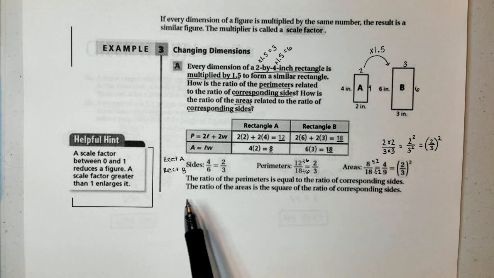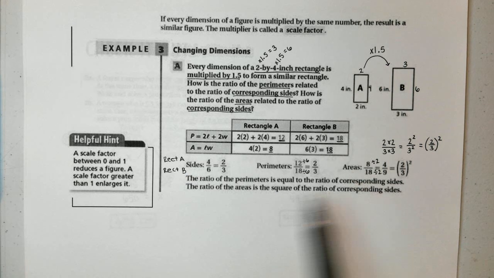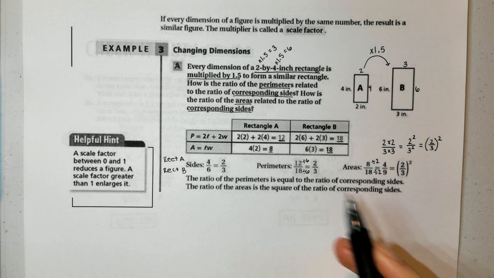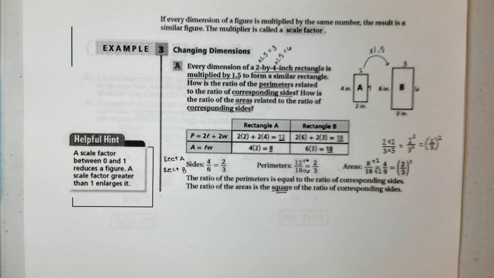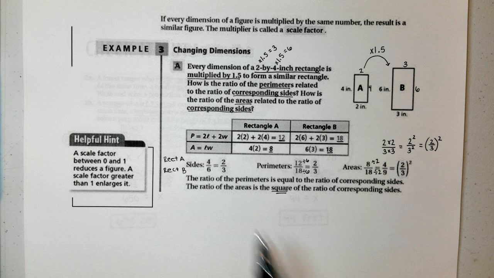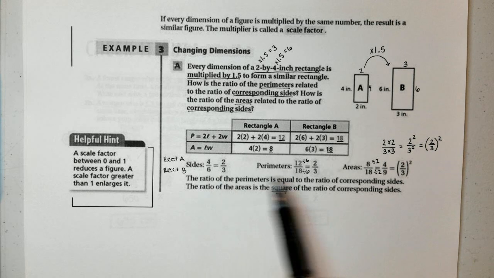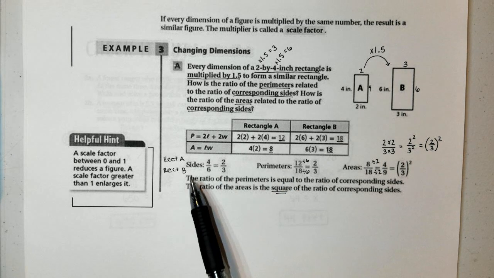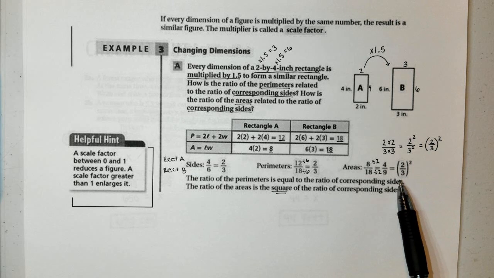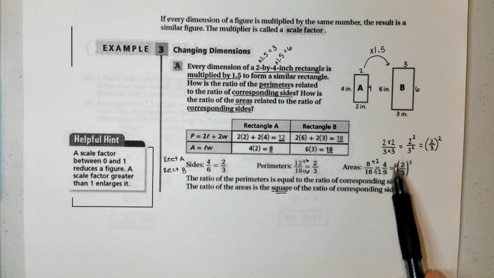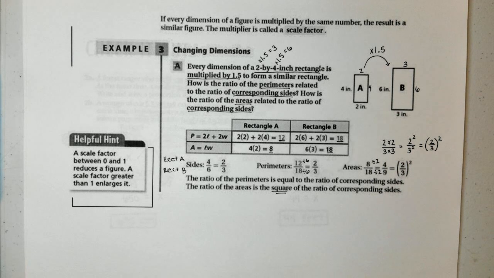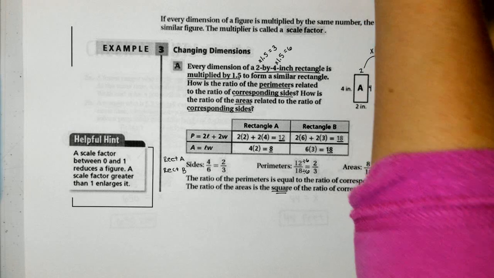So here, the relationship between the sides and the area, the ratio of the areas is the square of the ratio of the corresponding sides. So the sides and the perimeter, the ratios are the same, but when you compare the sides and the area, the sides ratio is squared when we look at the area. Now we're going to look at part B.